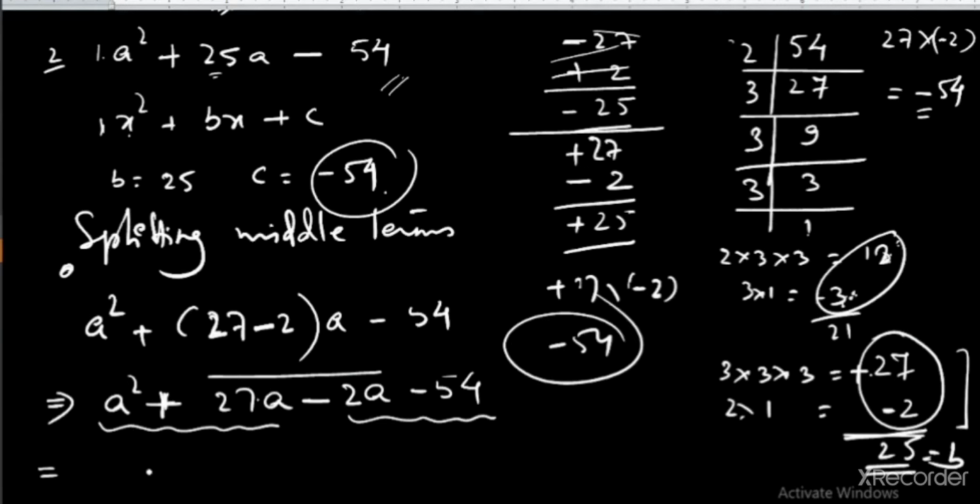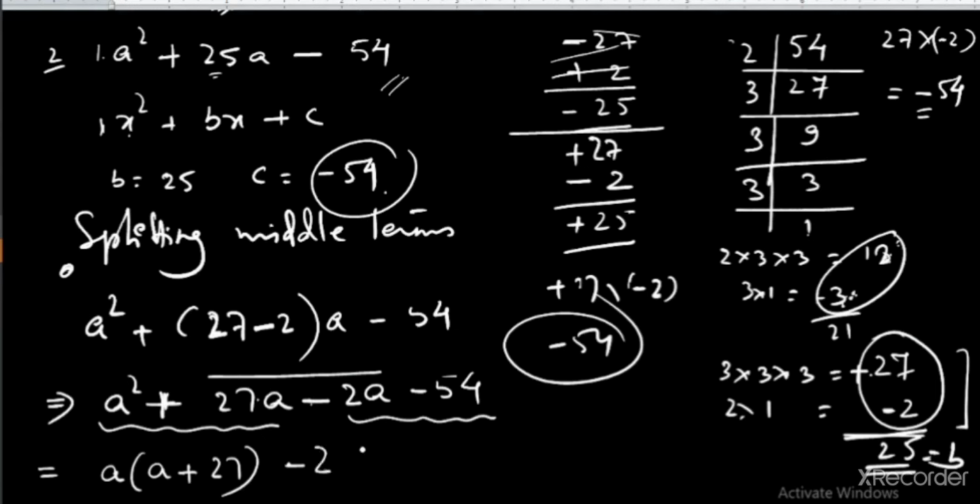From this group, if I take common, here I am getting a as common. Okay, a is here also, here also. So let a be out. What is remaining here? A, and then plus 27. Here, what is the common part in this? Minus, minus here also, and the common part is 2.